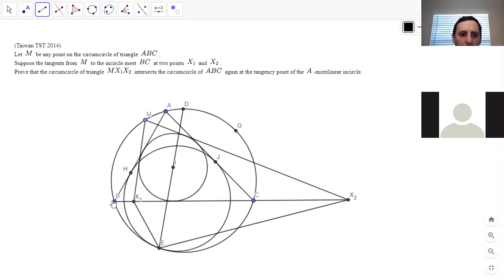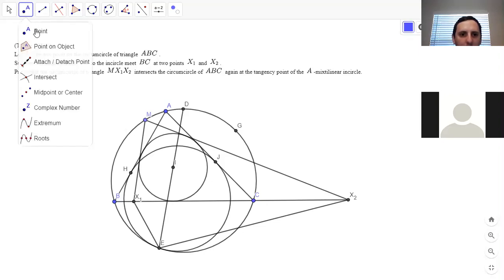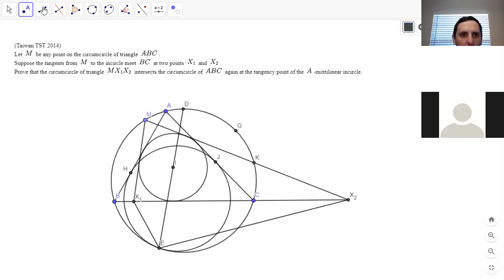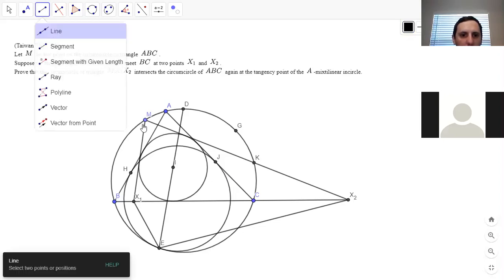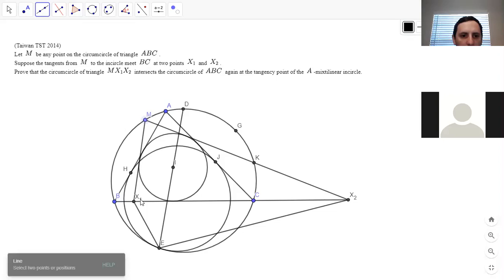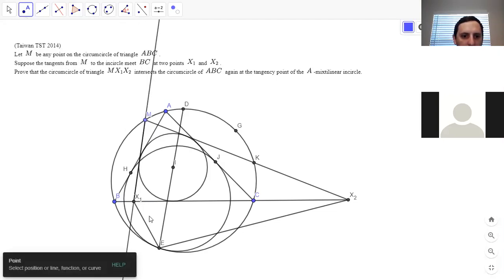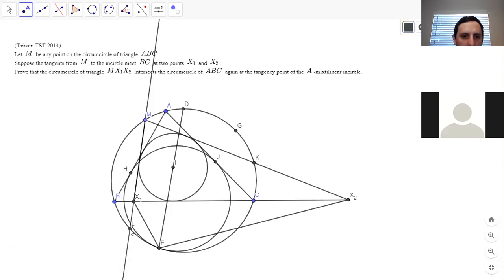Maybe I could draw this point and this other point. It kind of feels like Poncelet's porism whenever we have two tangents like that. Not sure how much that would help, but KL would be tangent to the incircle.